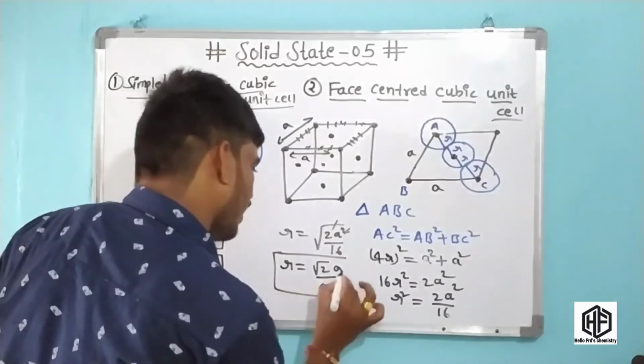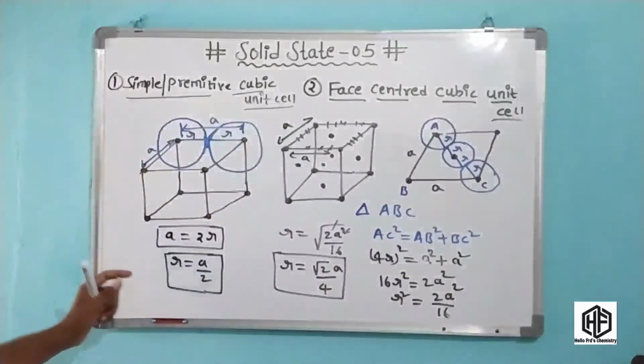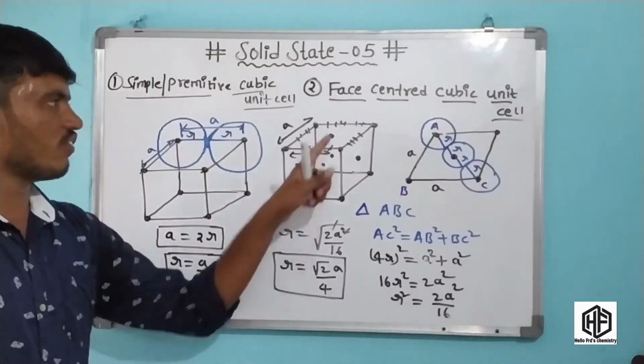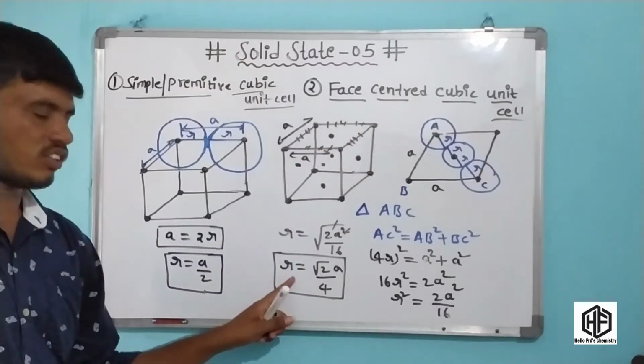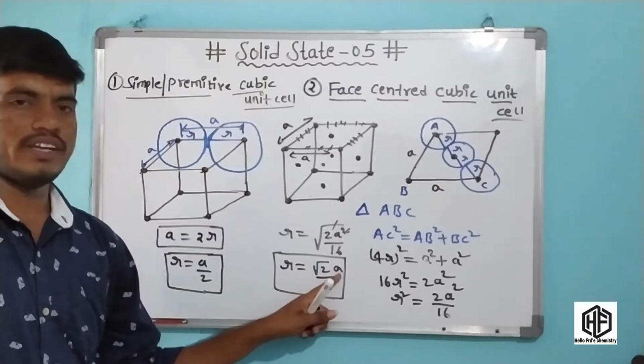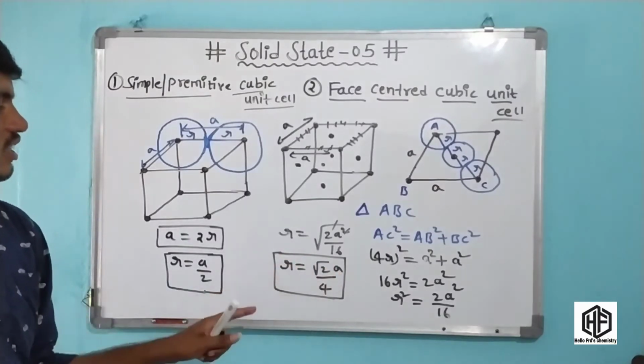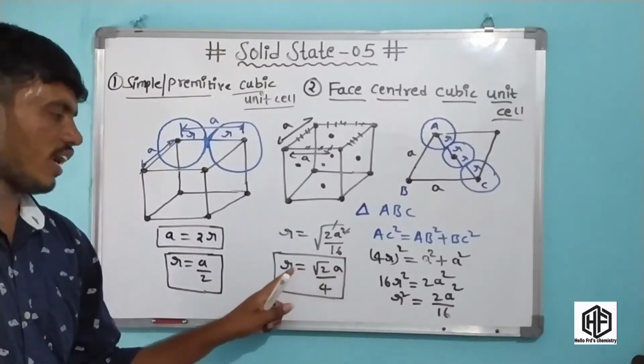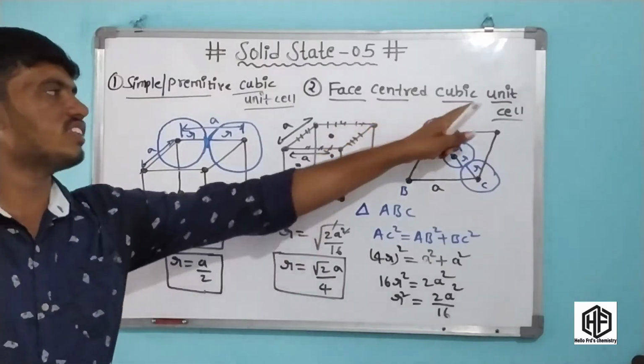So the radius of the atom in the face-centered cubic unit cell is root 2 by 4 into a. This is the relation between the edge length of the unit cell and the radius of the atom in a face-centered cubic unit cell.